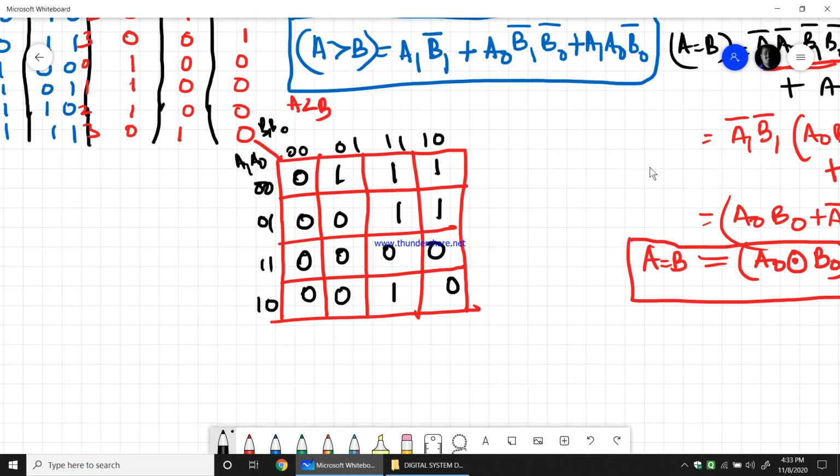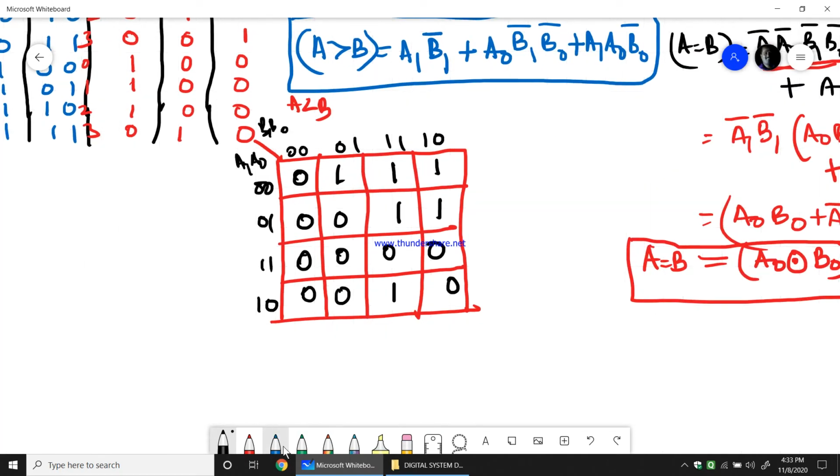So this is the truth table K-map simplification for A less than B, what we get. So we'll group these two, we'll group these two, and finally we'll group this one with this one.